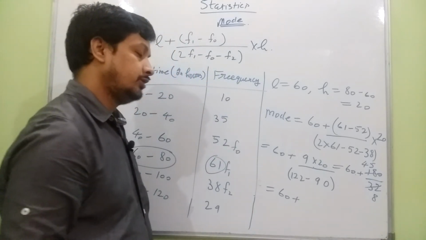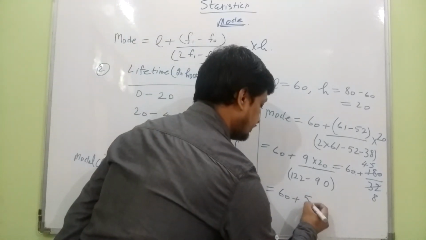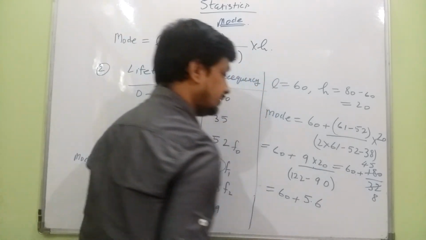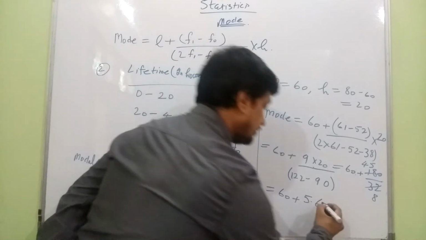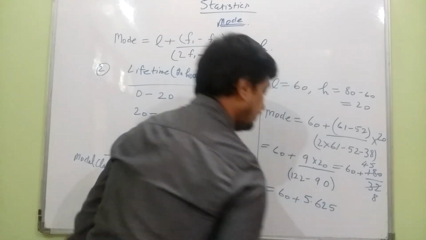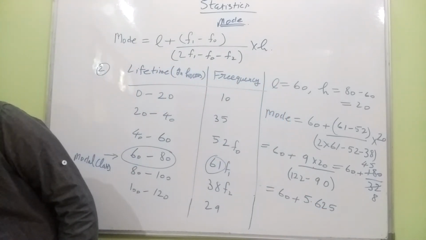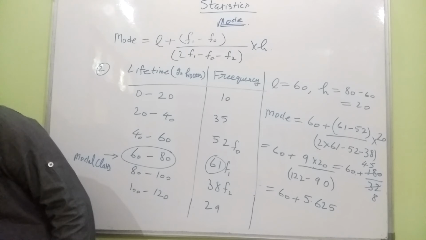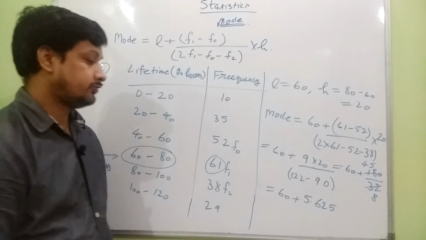4 is 32, 8 5 is 40, and then 0, 8 6 is 48, 8 2 is 16, 8 5 is 40, 6 to 5.